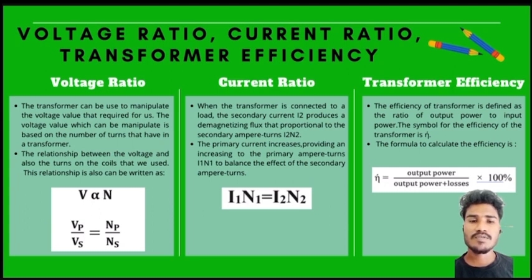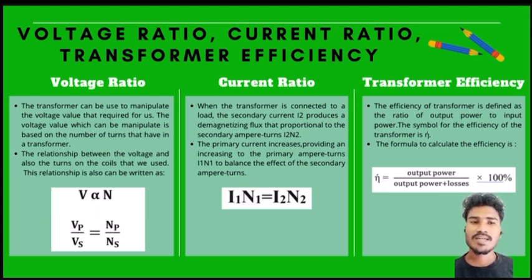So let's move on to the current ratio. When the transformer is connected with a load, the secondary current I2 will produce a demagnetizing flux that is proportional to the secondary ampere turns, I2 and N2.